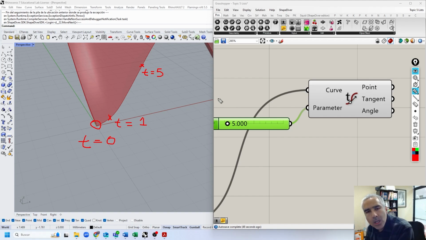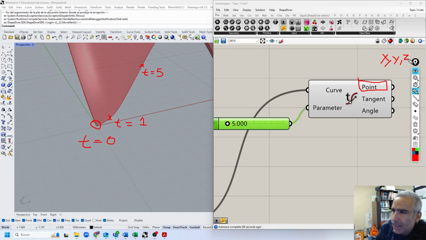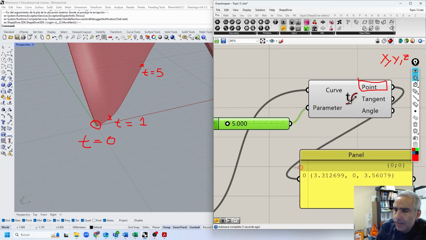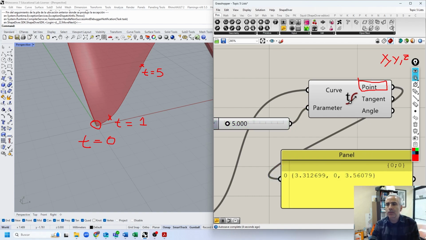What that means is that this point will have its x, y, and z coordinates, which you can see by getting a panel and connecting that output.